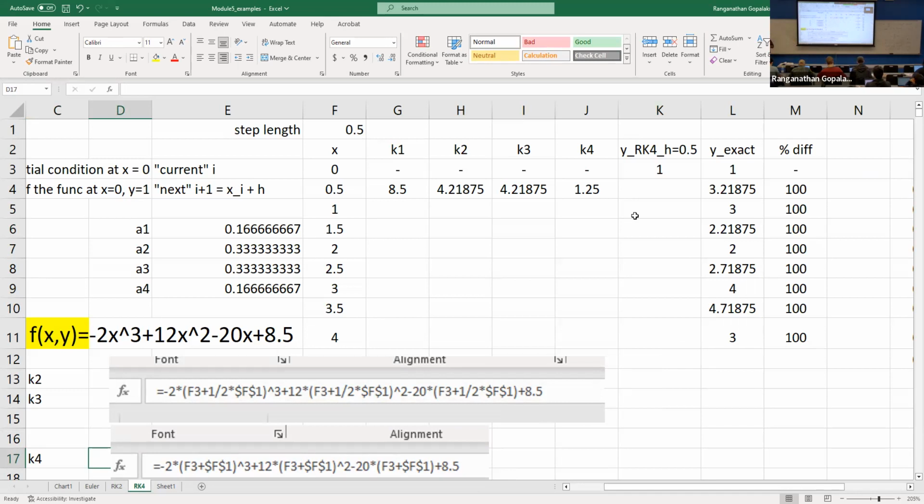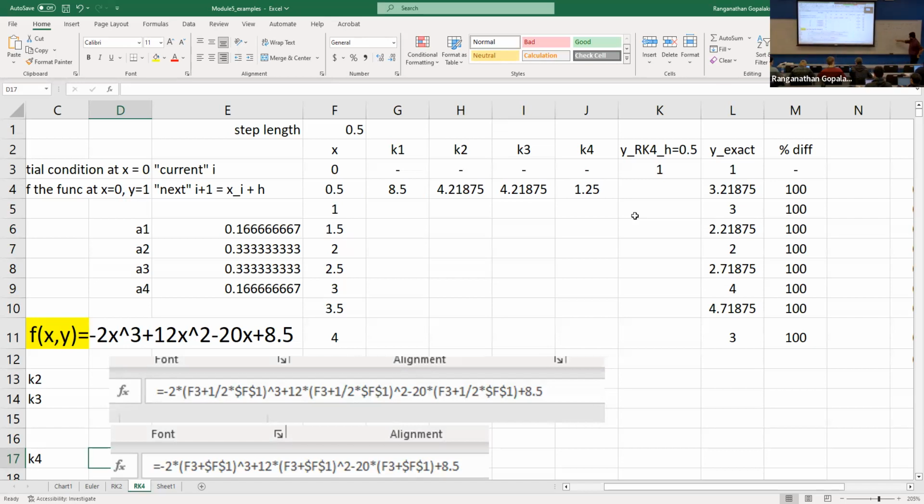Those who are not able to follow or not trying at the moment, suppose you had these four values, can you at least tell me what's the next step? If you have K1, K2, K3, K4 values, what will be the next step? Look at this expression.